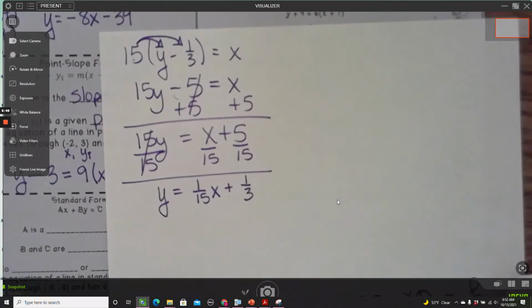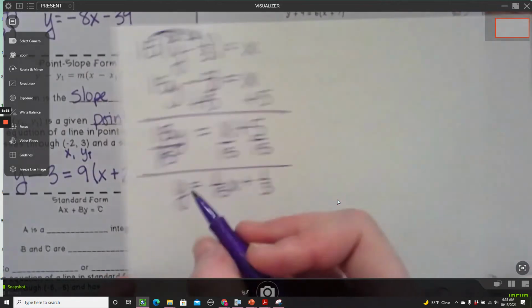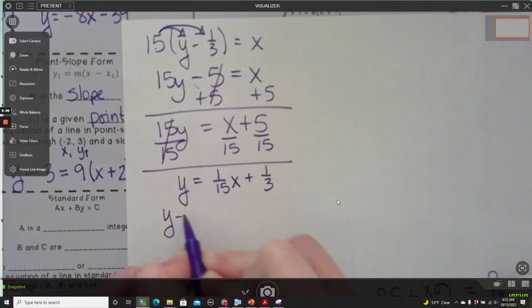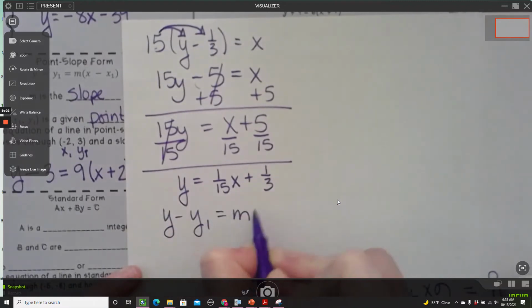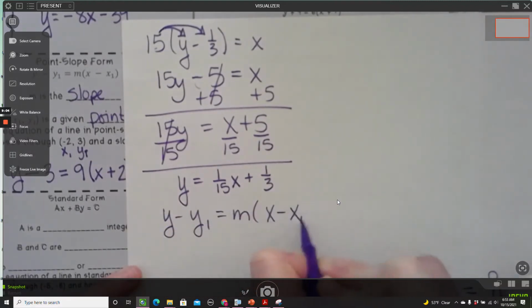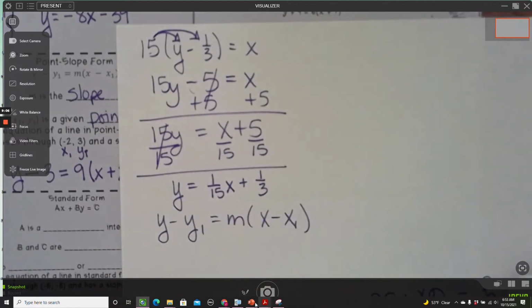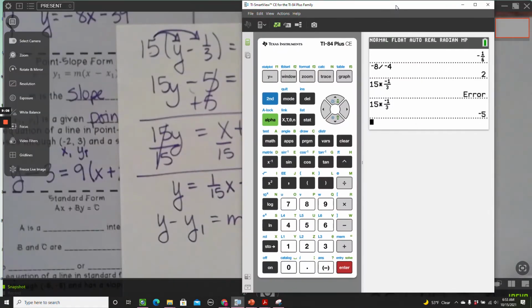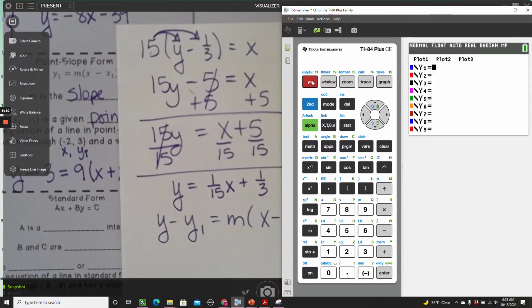So now what I have to do is put this in point-slope form. So I need a point that I can use, because remember, point-slope form is y minus y1 equals m times x minus x1. So what I can do in my calculator, I can go to y equals, and I can type this equation in.